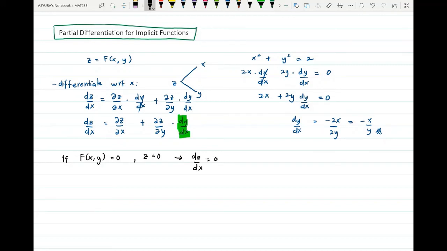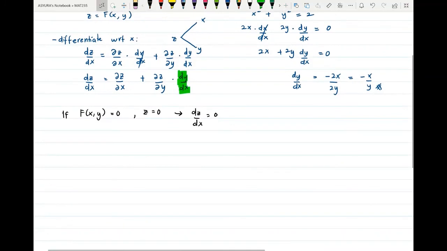So now you get partial dz/dx plus partial dz/dy times dy/dx equals 0.